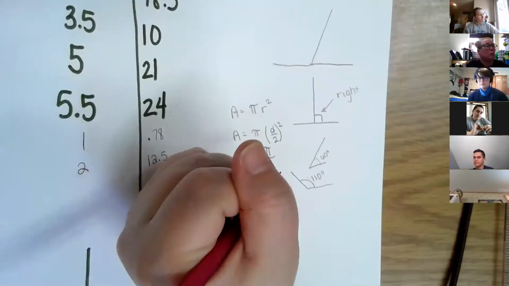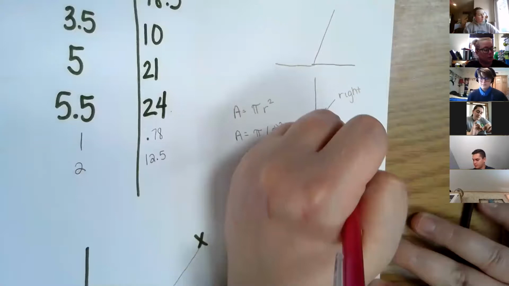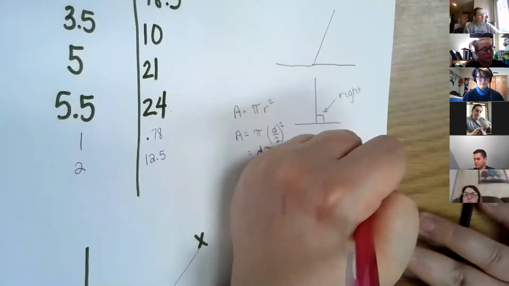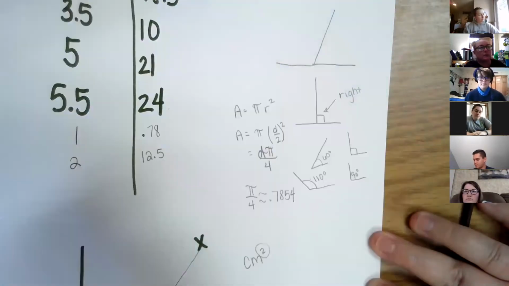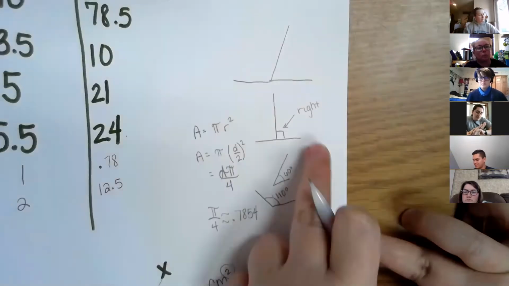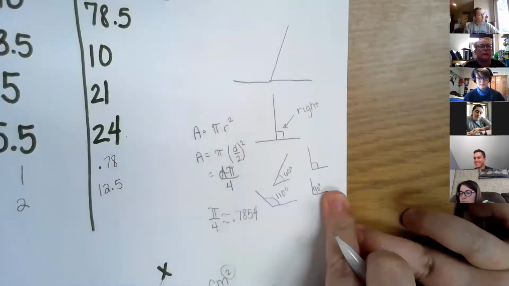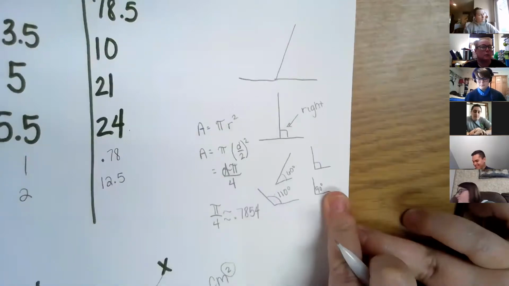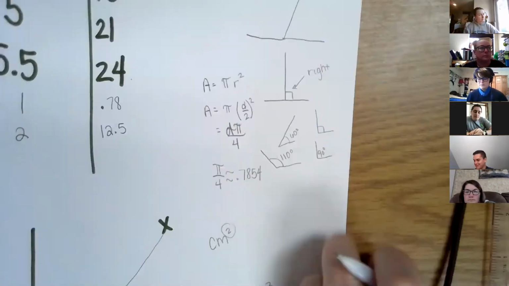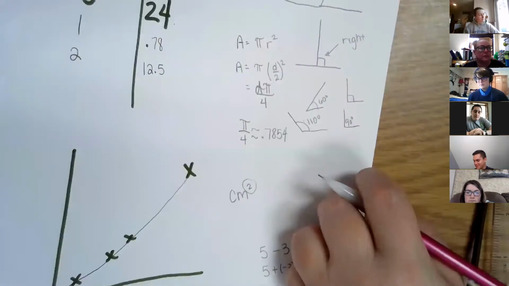I would draw multiple of these and then draw one that looks like this, and one that looks like this, so they can start to see that these all mean right angles, not that it's on the right of something. That is a good question.